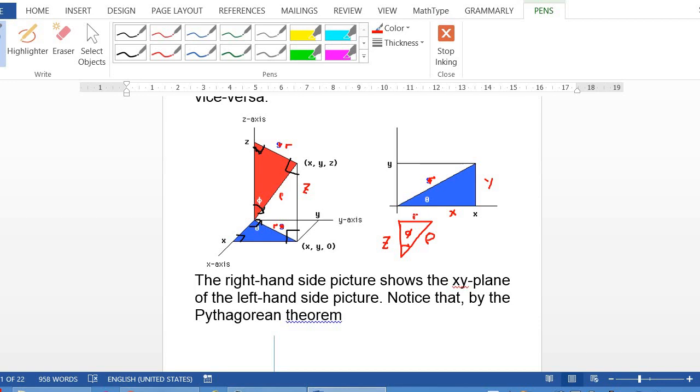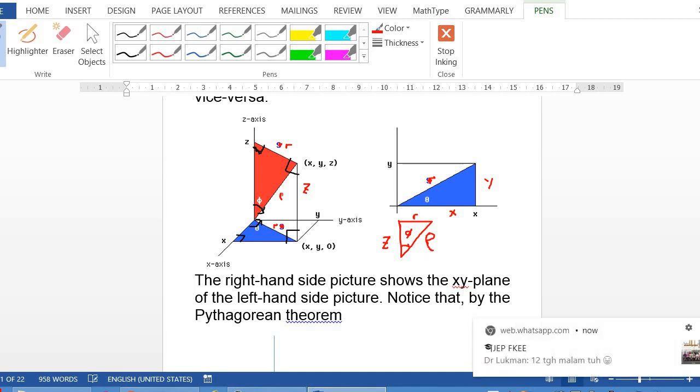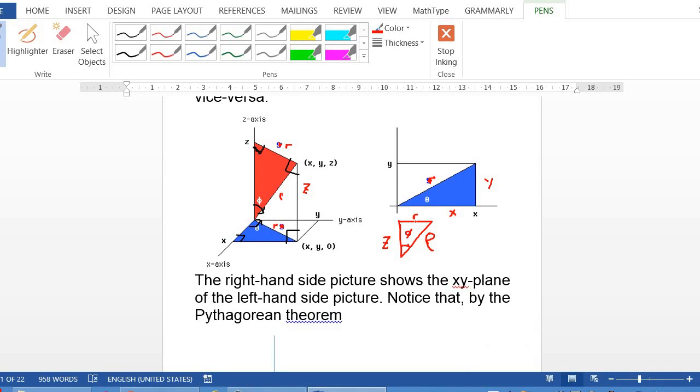I'll put it in 2D. Rho is actually the radius of a sphere, where rho squared is x squared plus y squared plus z squared. So in 2D, you look here. Rho is the radius of a sphere. It makes an angle phi with the z-axis, and this is r.